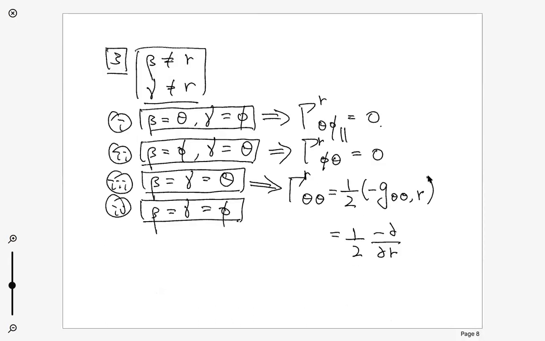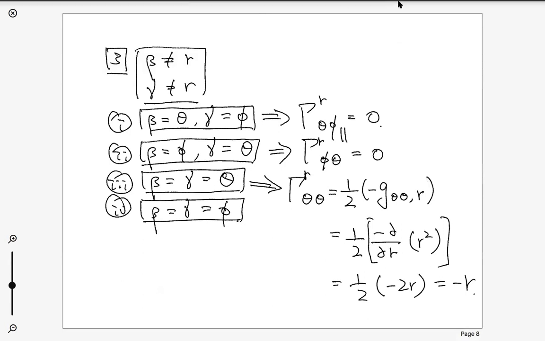G theta theta is r squared, right? So if you're quick enough, you should be able to get something like this. So now we got the first Christoffel symbol component, which is non-zero.